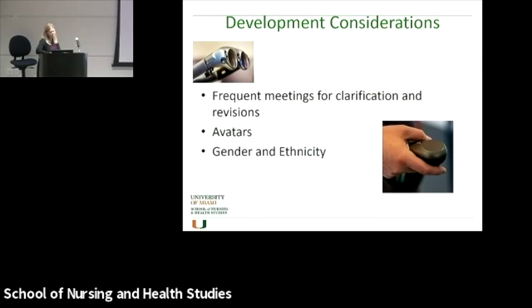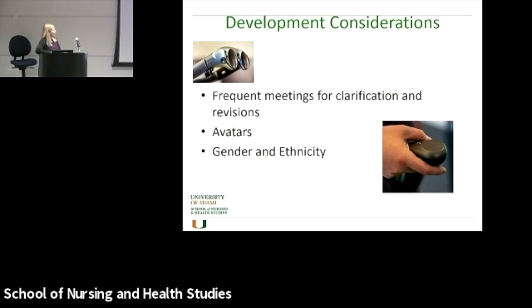So a few things, just very basic developmental considerations at this point. Frequent meetings are very important, I have found, because when I came to this project, I had what I thought this project would look like initially, and it has evolved over time and meeting, and that's been very, very helpful.